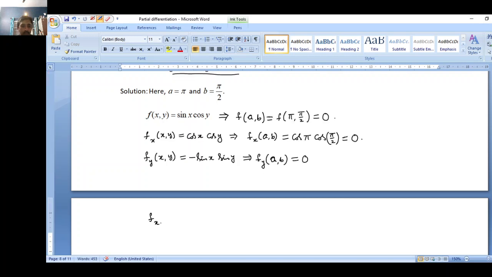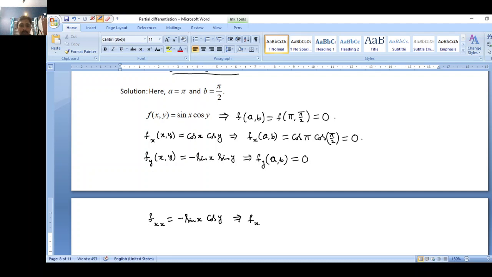Now I'll go for fxx. Okay, now what do you mean by fxx? Fxx is about differentiating f twice with respect to x. That means you will have to differentiate this function with respect to x. So when you differentiate cos x, that will give you minus sin x, and cos y will remain the same, correct?